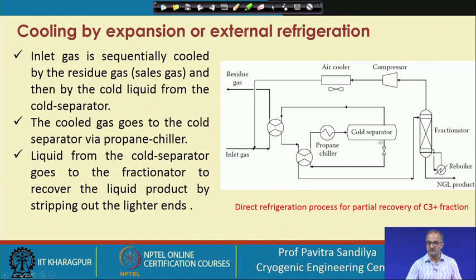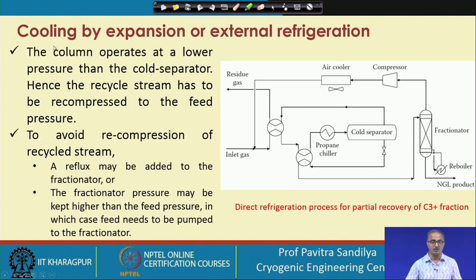So this liquid from the cold separator goes to this fractionator, and in this fractionator we are stripping off the lighter components from whatever is coming in this liquid, and those lighter components are going from here and the heavier components are coming out from downwards. The column operates at a lower pressure than the cold separator, hence the recycle stream has to be recompressed to the feed pressure.